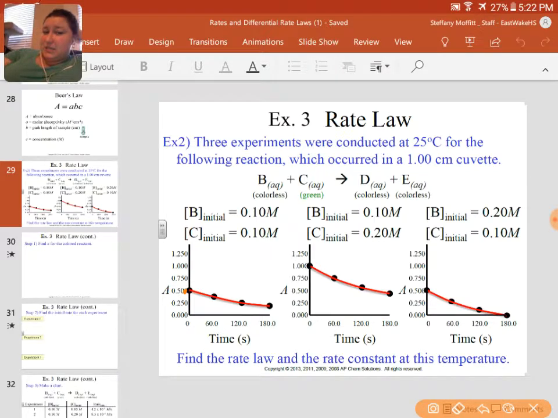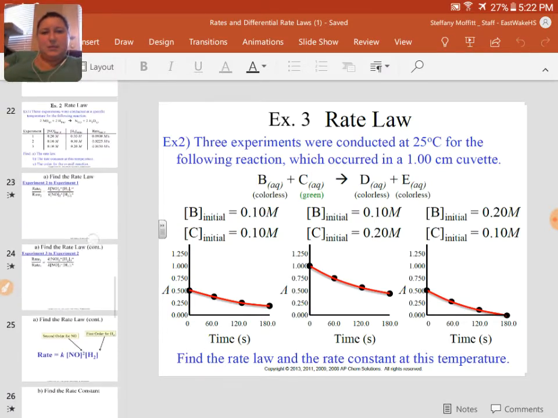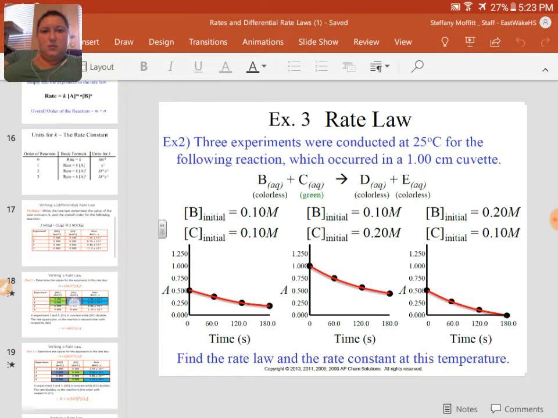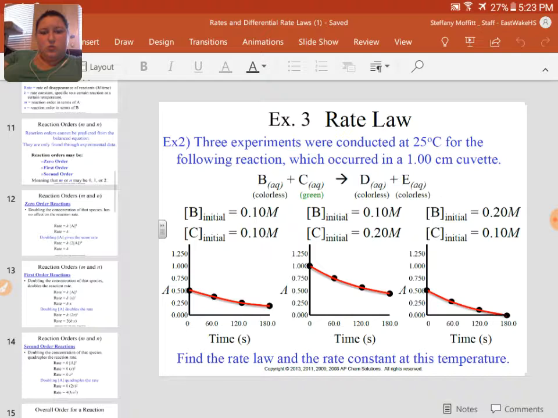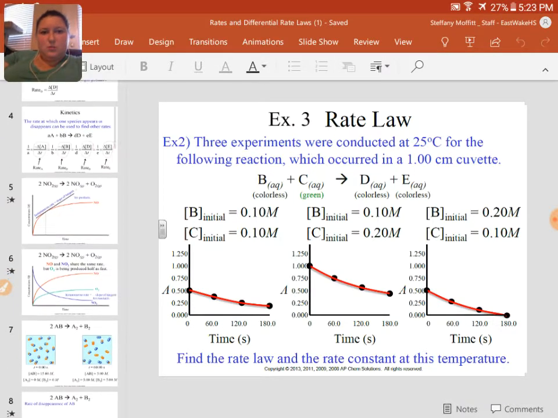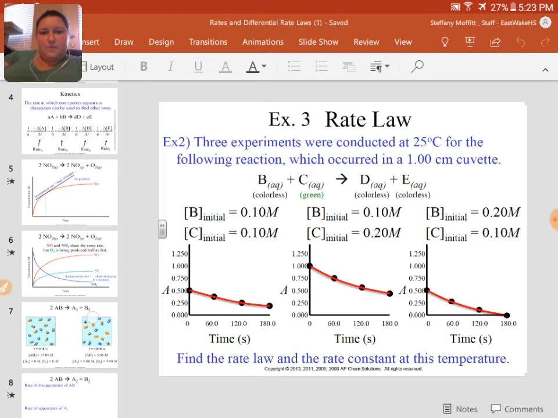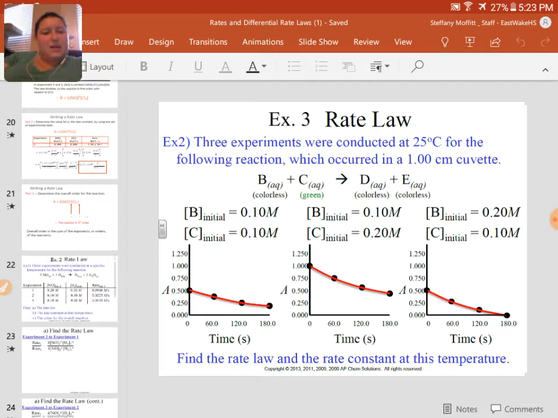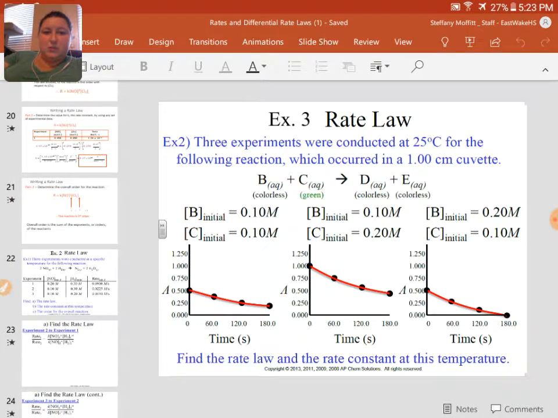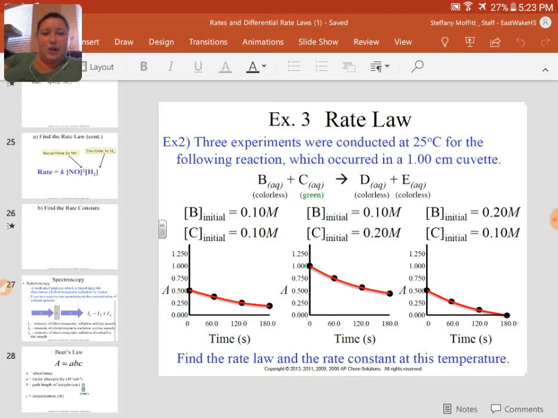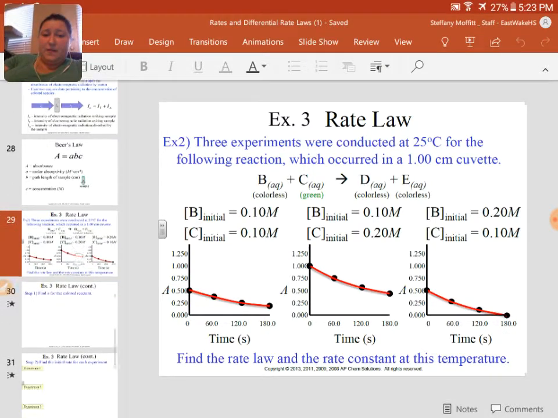That's going to be our easiest way to do it. The best thing I could say would be to use the slope of that curve for each one to find the initial rate.